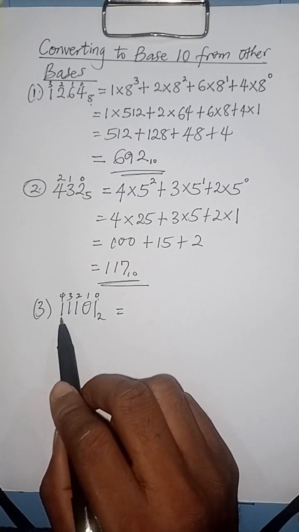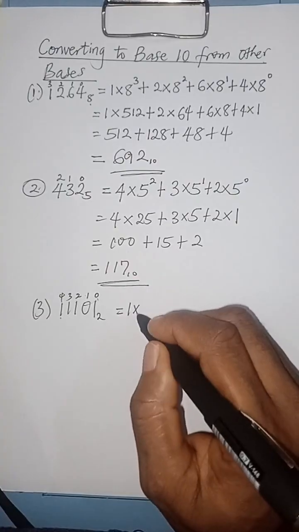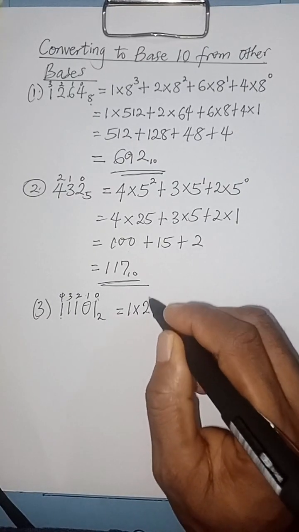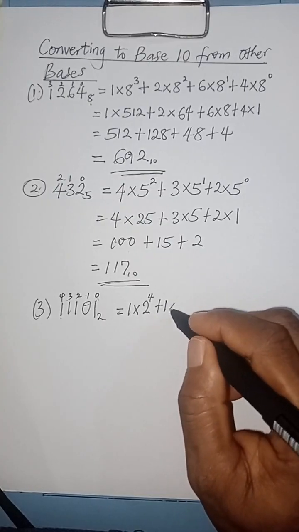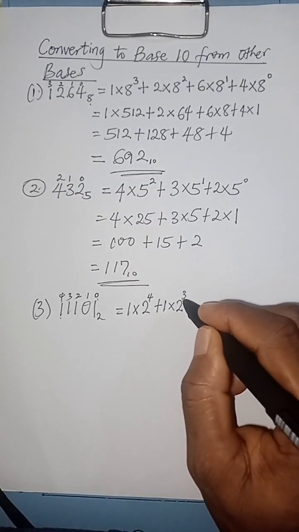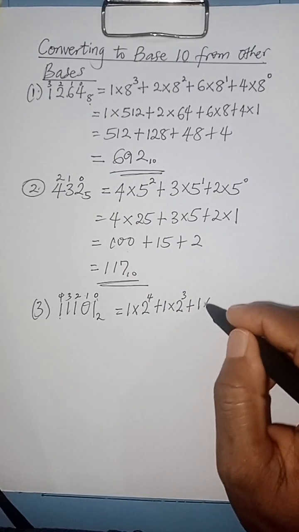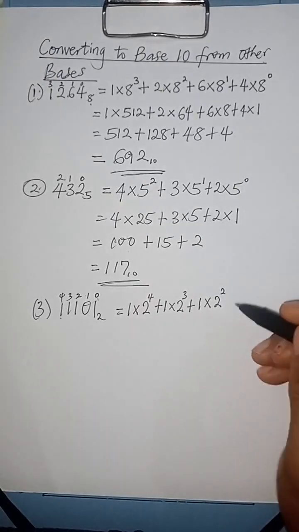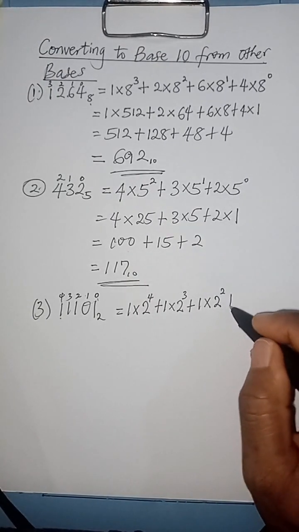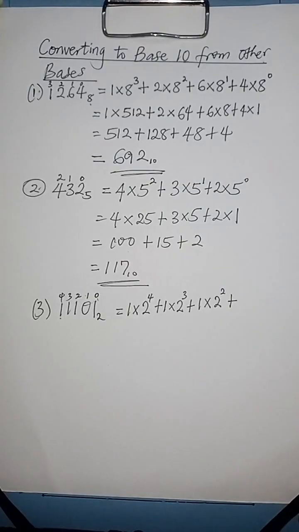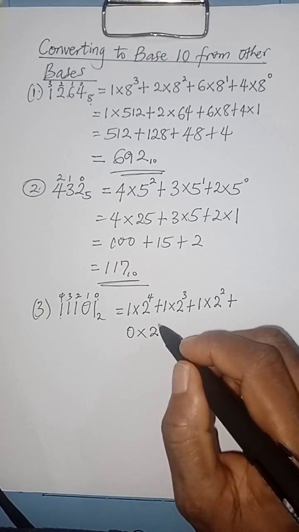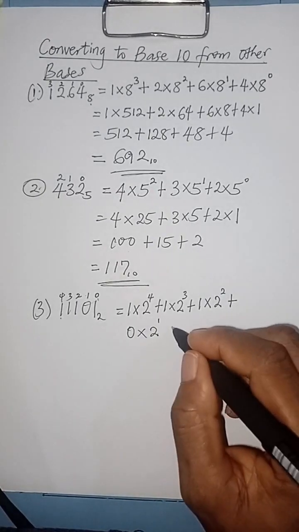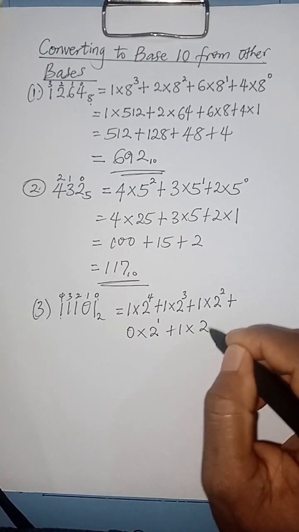So you pick the first digit here, which is 1, multiply by the base, raised to power 4, plus 1 times 2 raised to power 3, plus 1 times 2 raised to power 2, plus the next digit is 0, times 2 raised to power 1, and plus 1 times 2 raised to power 0.